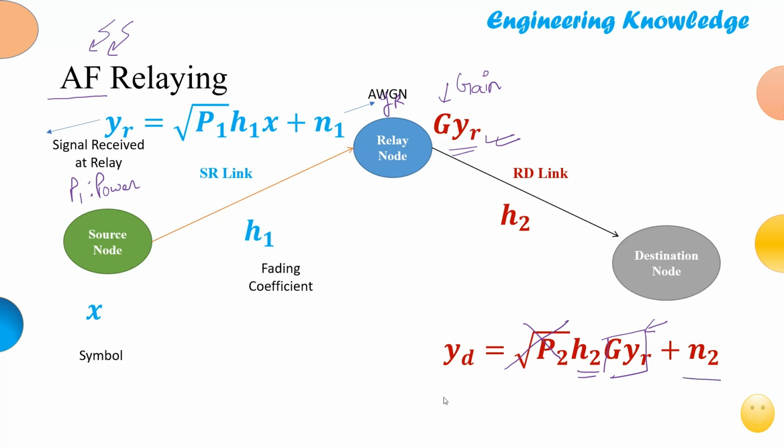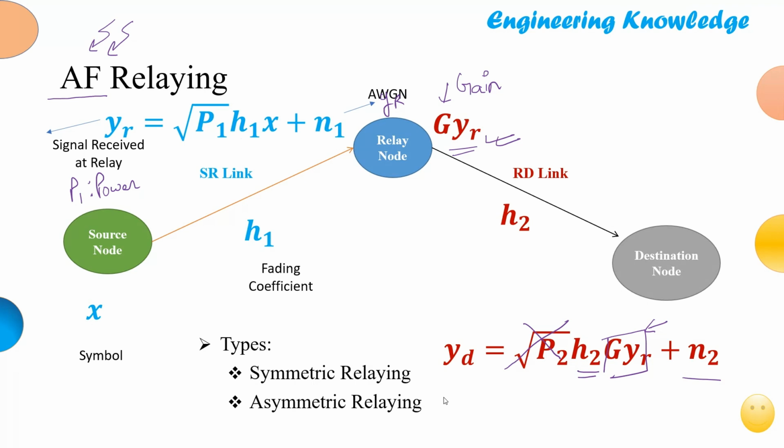Now if we go further, if H1 is the same as H2, we mean that the underlying random, stochastic distribution of H1 and H2 is the same, then the system is said to be symmetric relaying.